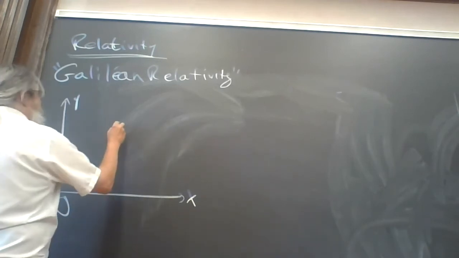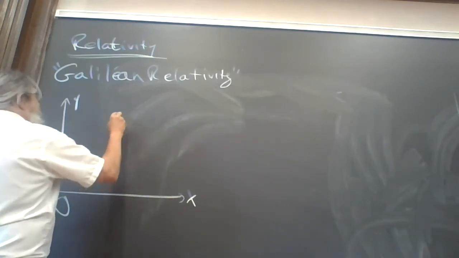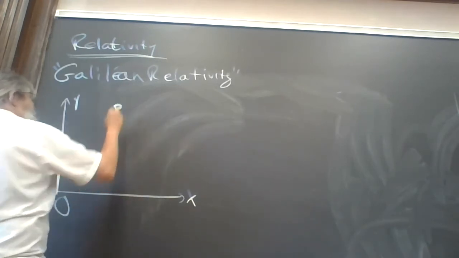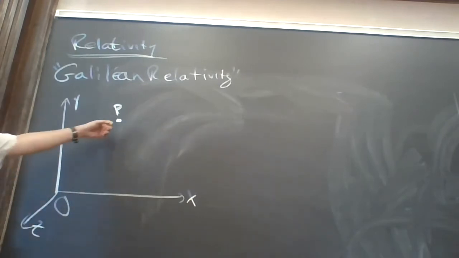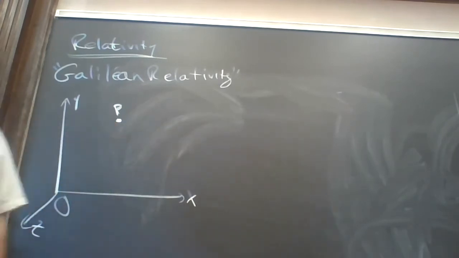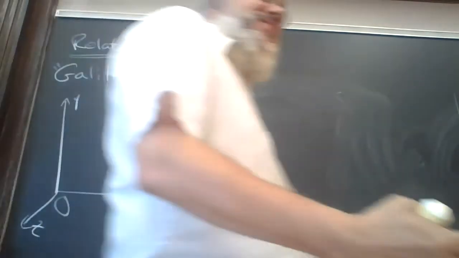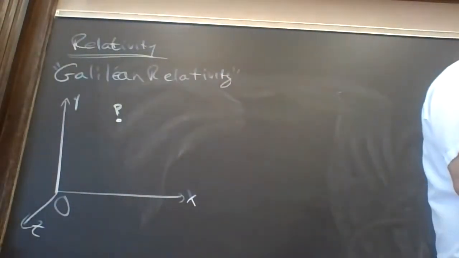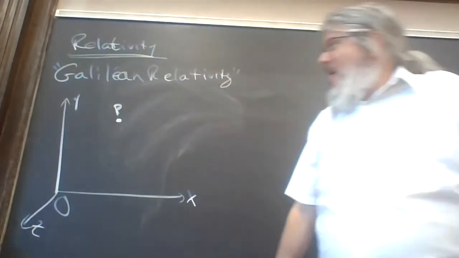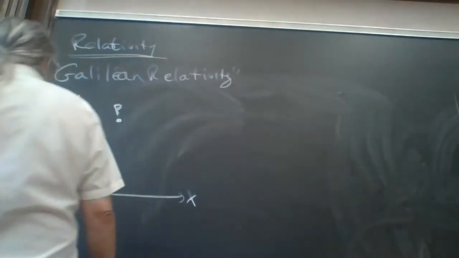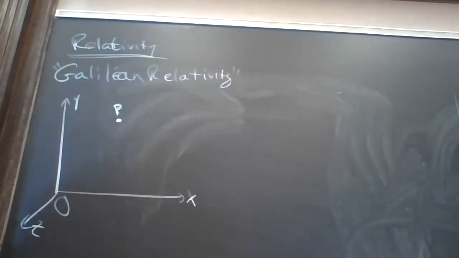let's talk about a particular point P that corresponds to the location of a particle. For example, let's start with a classical notion: a fly buzzing around the room, if you want. This corresponds to the particular location of that particle at some particular point in time.